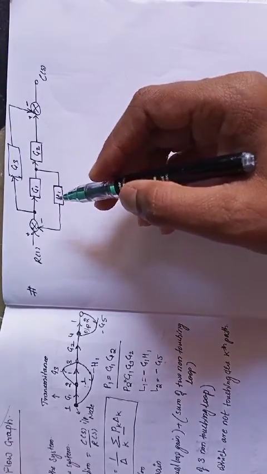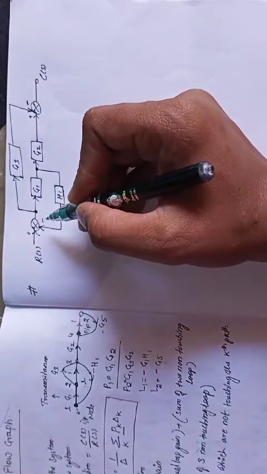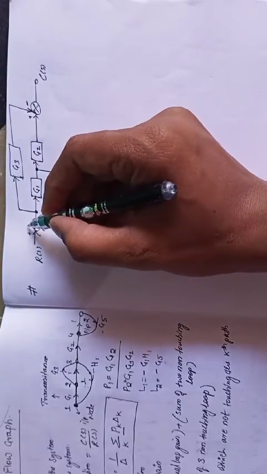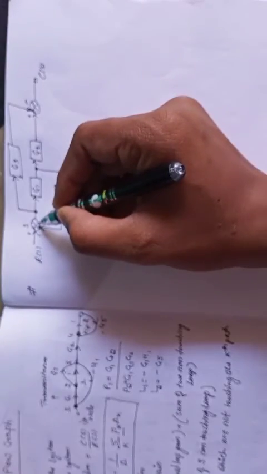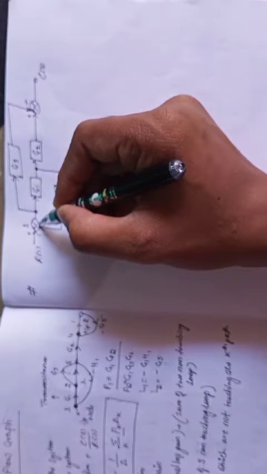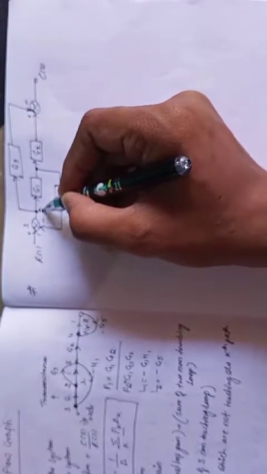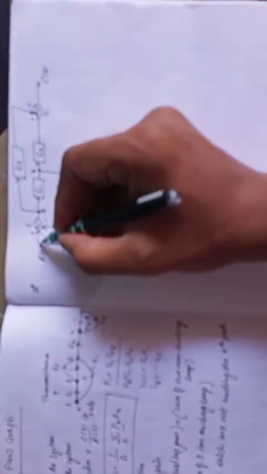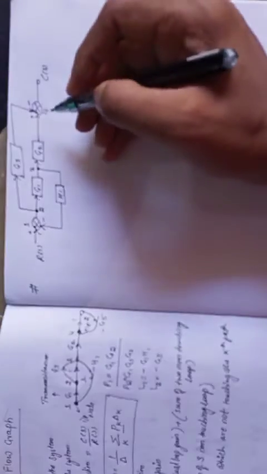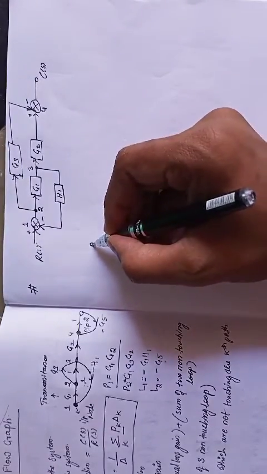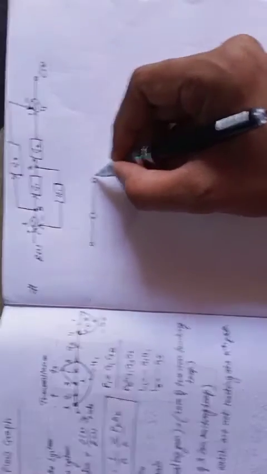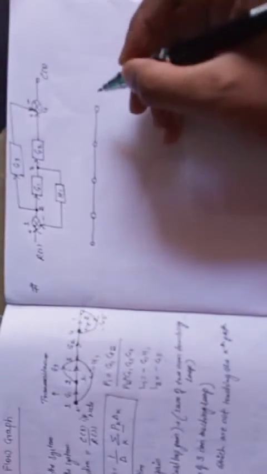For constructing this, we consider summing points and branch points as nodes.